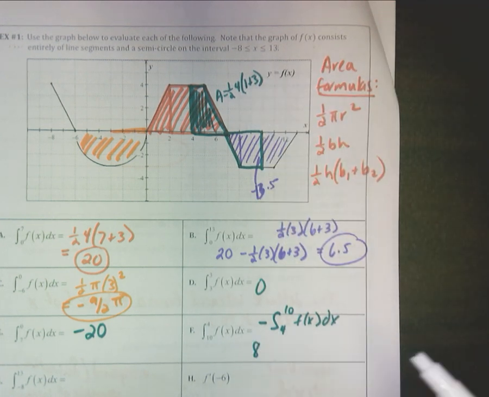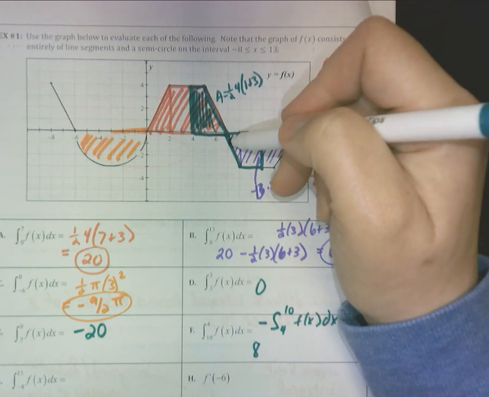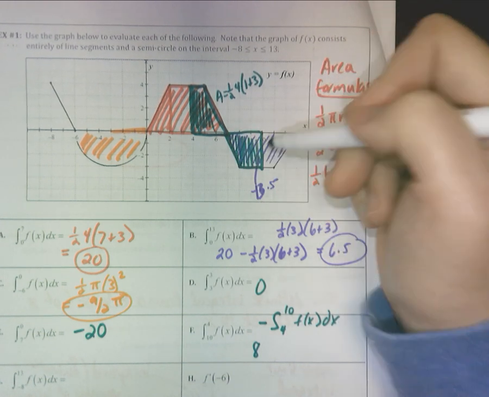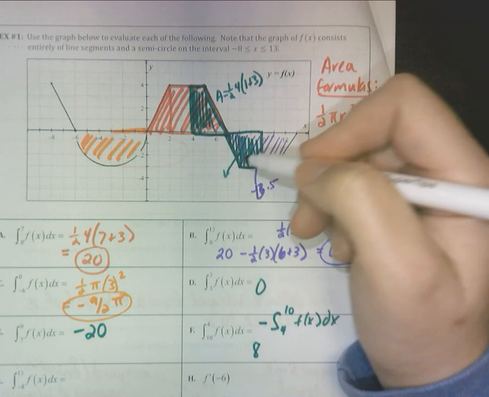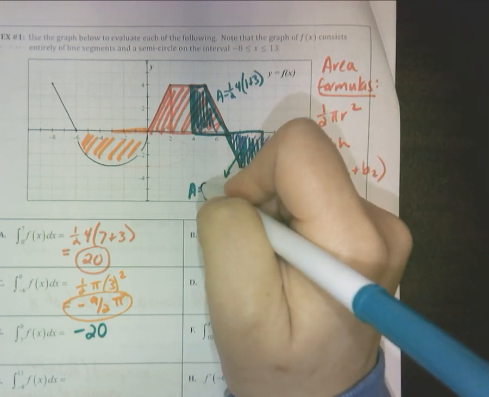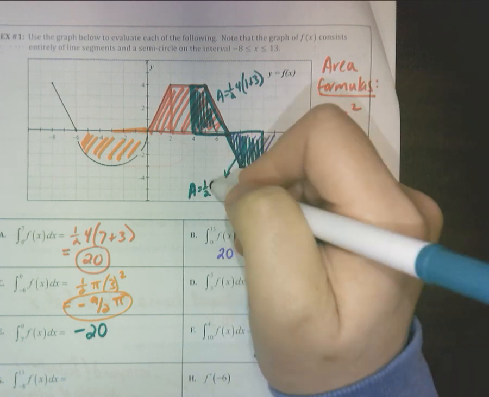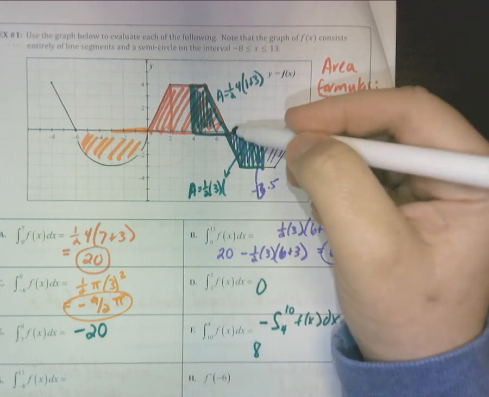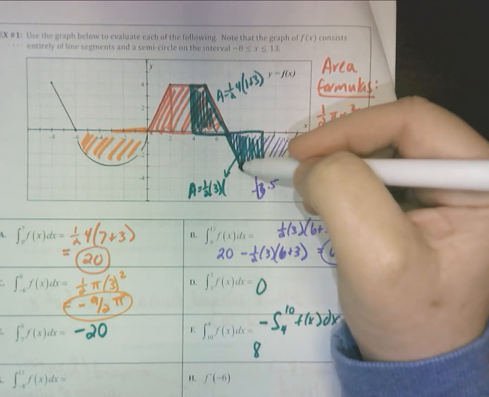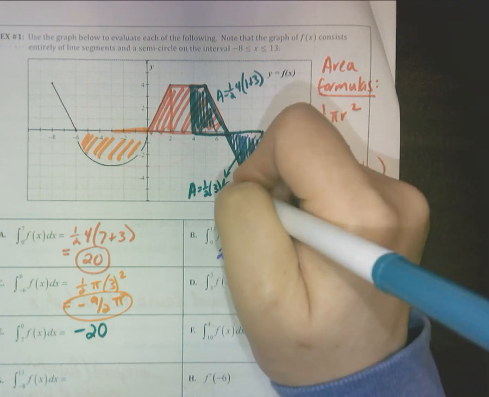That's my upper region. My bottom region right here would be 1/2. The height is 3, and the one base is 3 and the other base is 2. So 3 plus 2 makes 5.